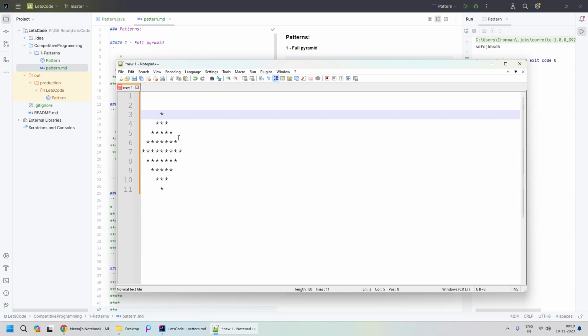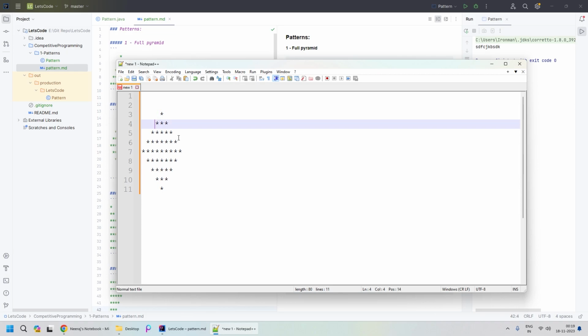If you look closely and consider it as a matrix, you might notice here that we not only have to print stars, but along with that we have to print spaces as well. If you see the first line, we have to print a few spaces and then a star will come.